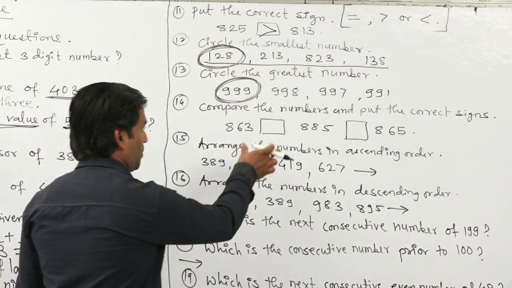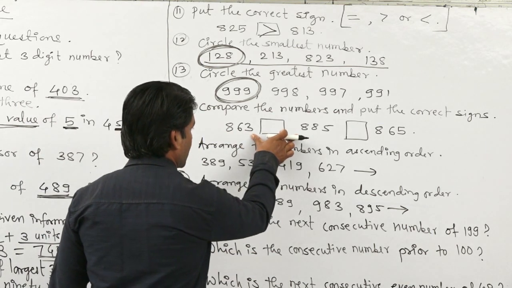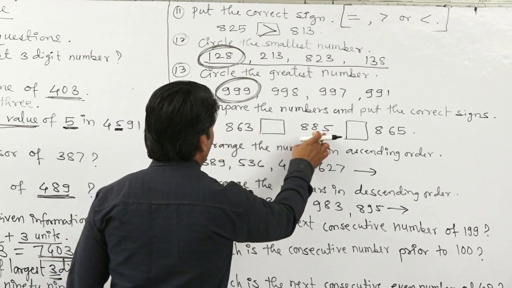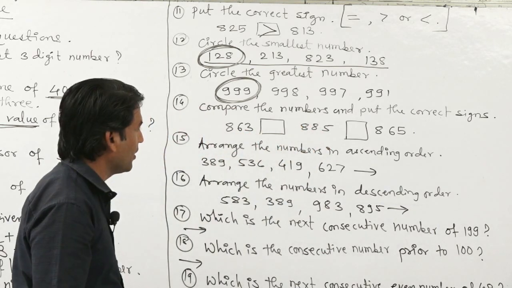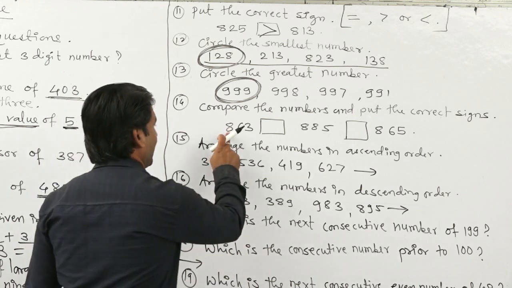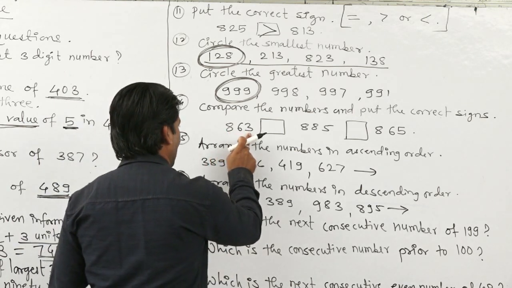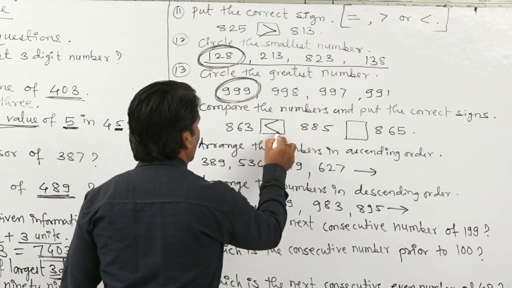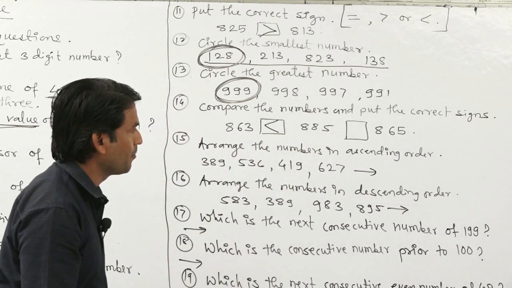First of all we will compare these 2 numbers, 863 and 885. Which one is greater? 863 is less than 885. So we have to put the less than sign here.